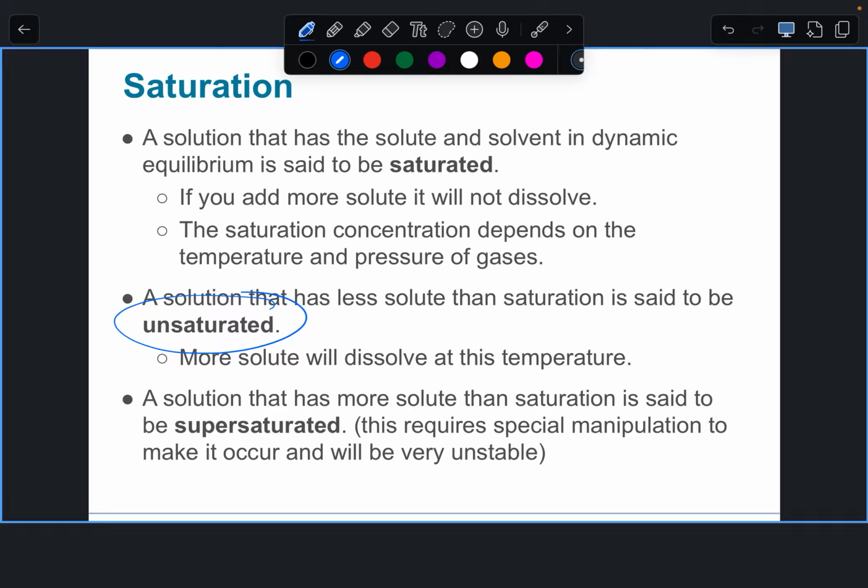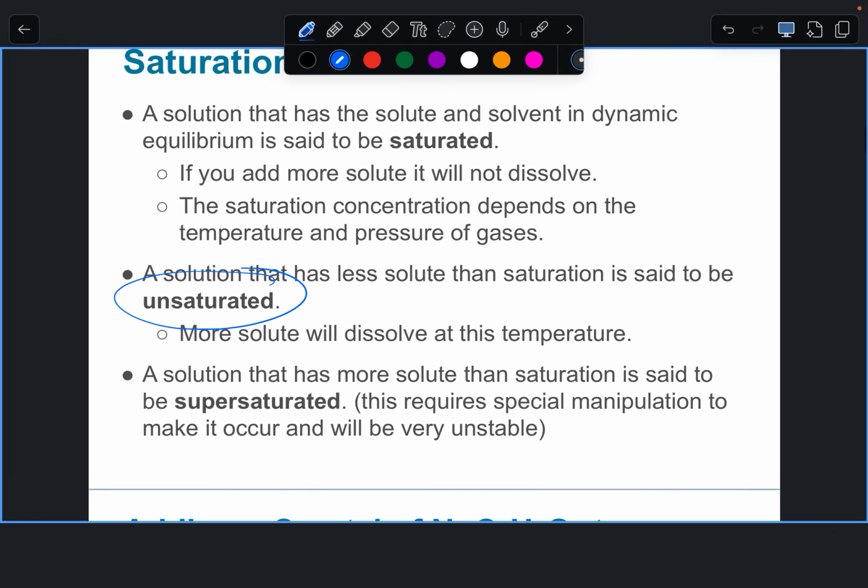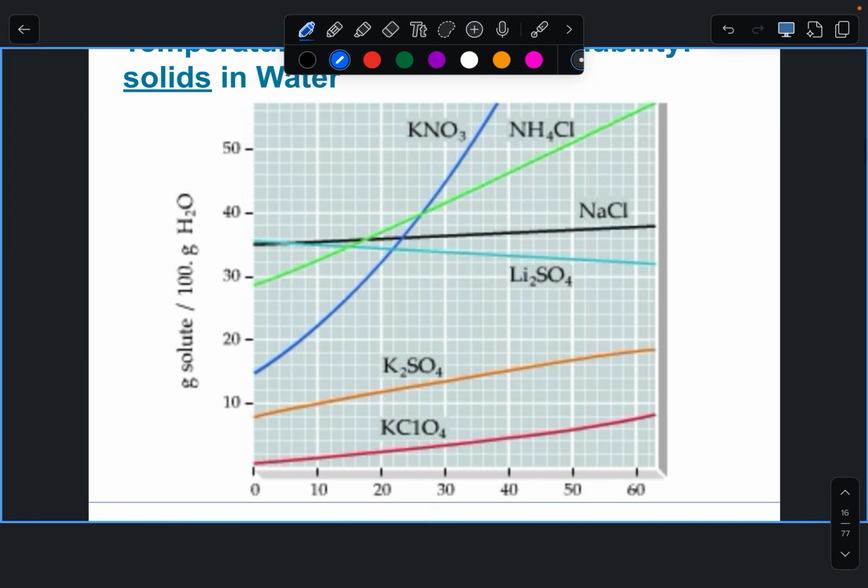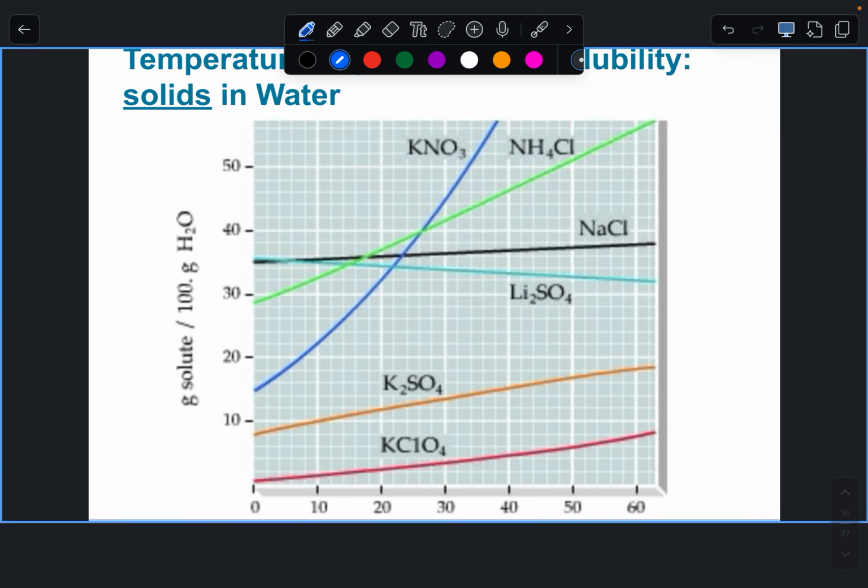And then there's this other component, which involves changes in temperature. So with solids, this is different for gases, but with solids, as you increase the temperature, you're able to dissolve more. So we have this chart on the next 2 slides down, which is for some ionic compounds, and it's showing us how the solubility, or how much you can dissolve, changes with temperature.